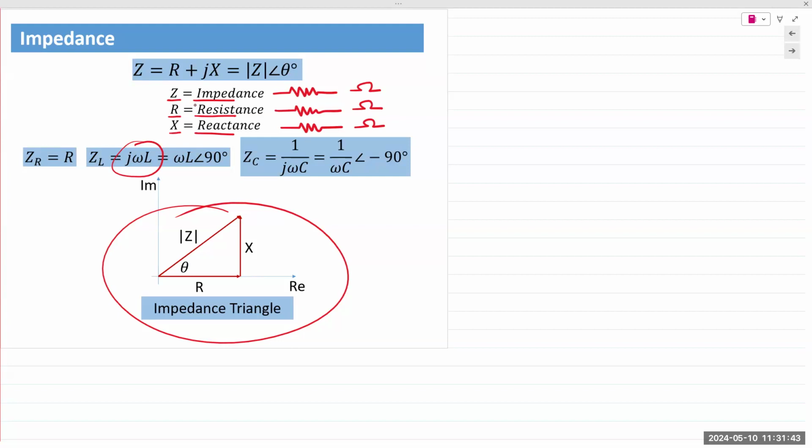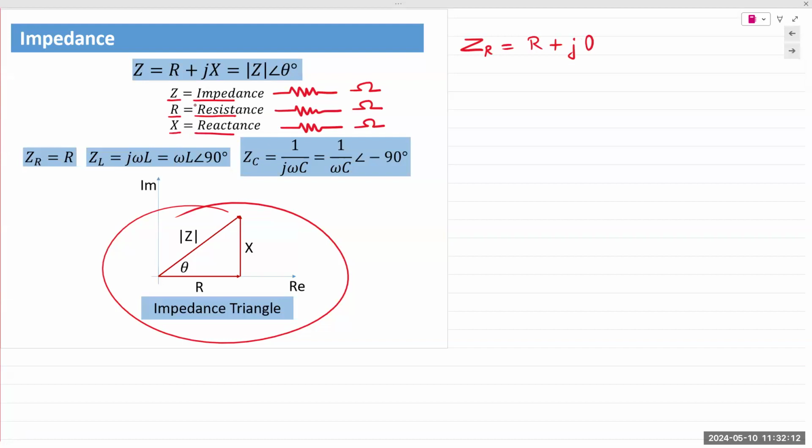A capacitor is the exact opposite. It's 1 over frequency. But let me explain a few other things. So we had ZR, the impedance of a resistor R, would be R plus j times 0, because a resistor does not have any reactance.